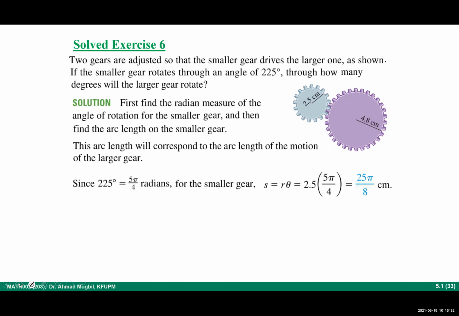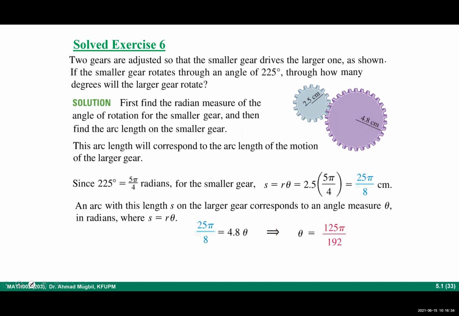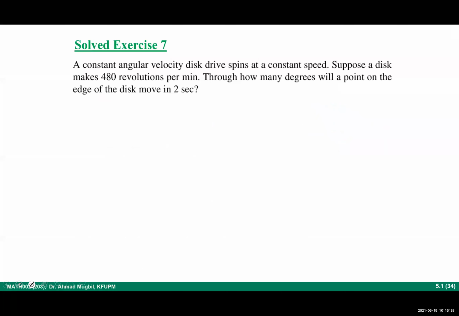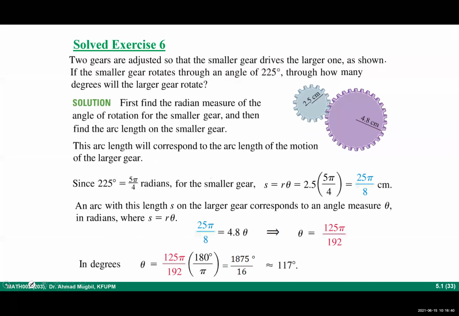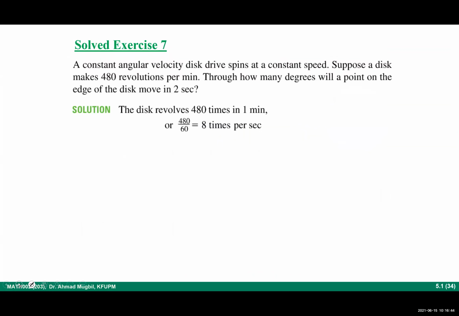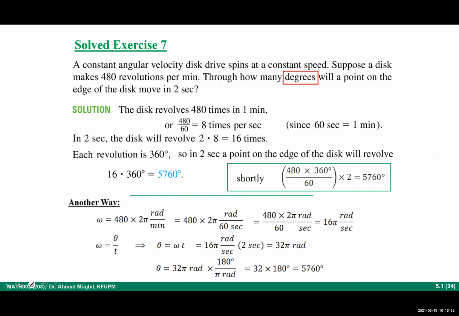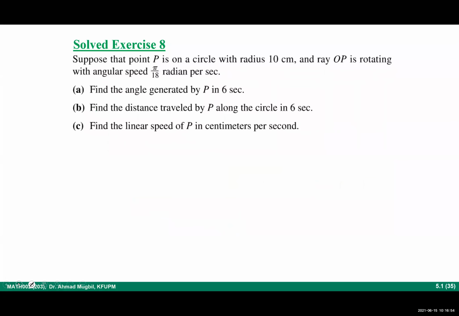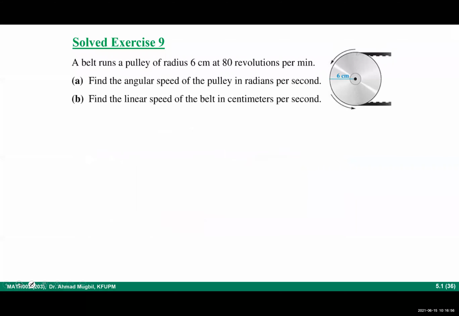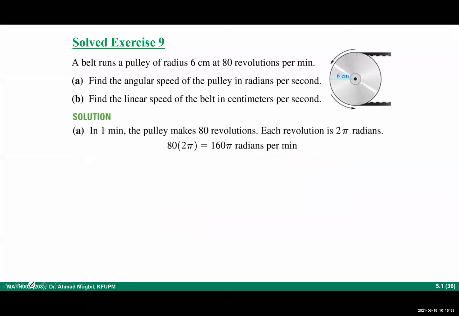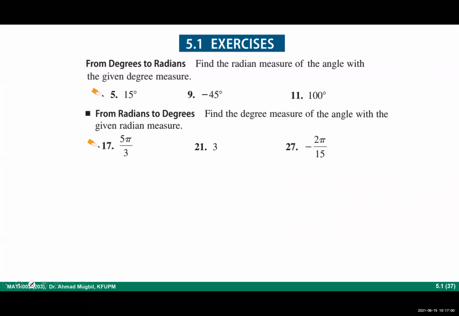Here we have an interesting example. I should mention it. Not this one. I will leave it for you. This is not difficult. There is an idea here that we should mention, not here. How many degrees? No, this one. I have one. I think you will have it in the recitation. It is not here. So you have a question like that in the recitation. These are very important exercises.